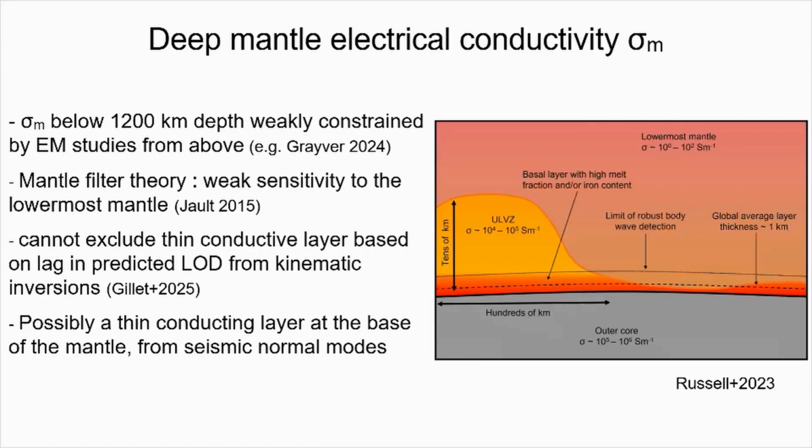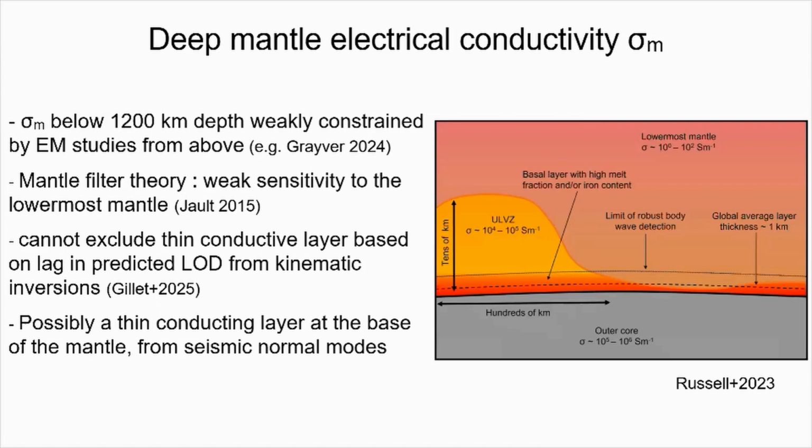This is all debated. It is very difficult to sound the mantle conductivity when using induction from above, using the magnetosphere. You need long periods. People are working on that. Alexander Grayver is working on that. It is difficult because we need long time series and because of the ambiguity between the induced field and the core field.